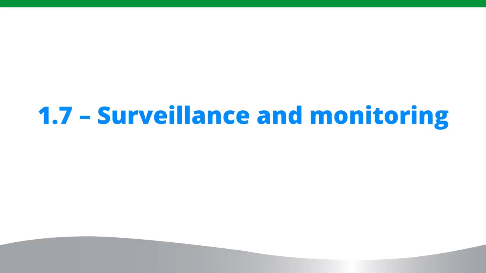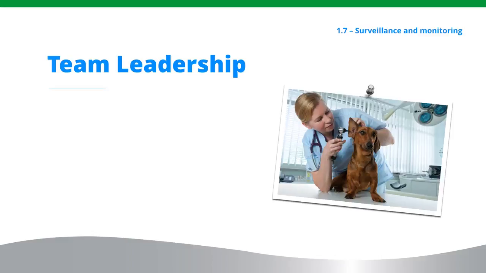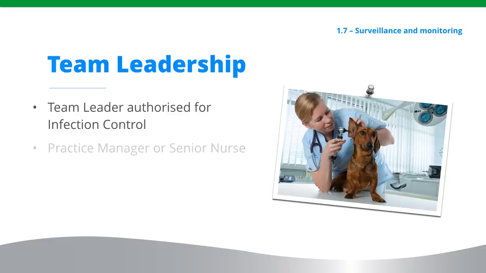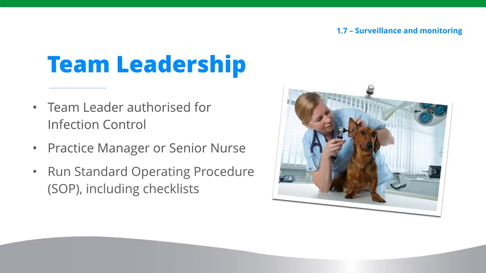Let's look at how surveillance and monitoring needs to be conducted in the practice. For this purpose, we recommend that a team leader be appointed for cleaning and disinfection. This may, of course, be the practice manager or a senior nurse. The team leader will operate within Standard Operating Procedures, or SOPs, which have been adopted in each practice. We'll have more on SOPs in Section 2, but typically a good SOP will feature pre-designed checklists to ensure infection control policies have been applied properly, and observation of animals for changes in condition.